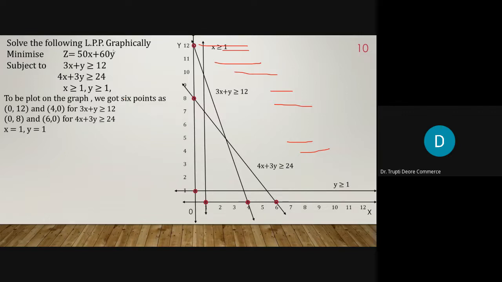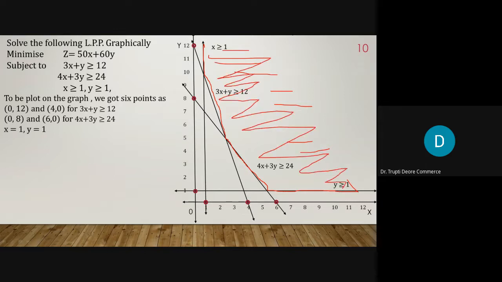So we did not consider the area less than 1. So the feasible area becomes this one, the area which connects all the lines. So this is your convex area. The corner points lie here and here. Only 3 points are there.